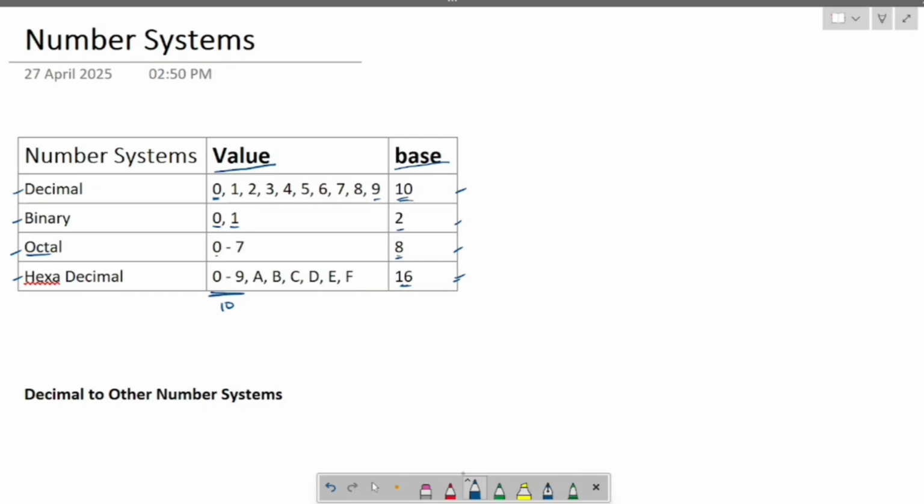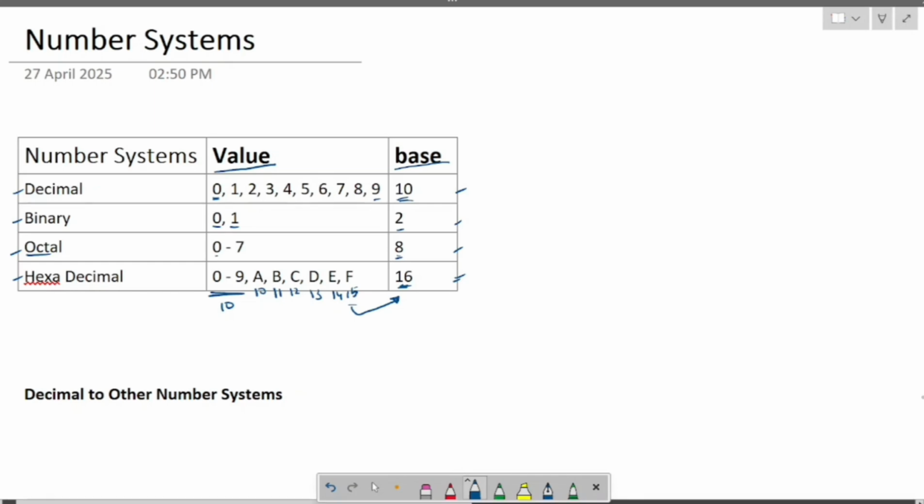Now next after 9 we have 10, right? 10, 11, 12, 13, 14, 15 are represented as English alphabet letters, A to F. So here 15 means obviously we will get 0 to 15, it is 16 values. So that's why hexadecimal base value is 16. I hope you got the idea on the fundamentals.